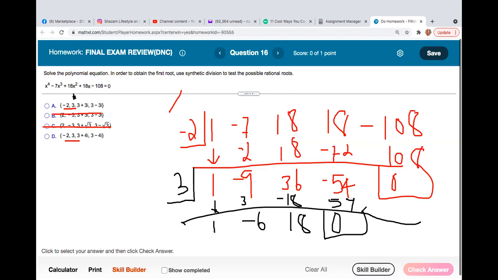So now we've taken this 4th degree polynomial and reduced it down to a 2nd degree polynomial. So now we're going to plug in the variables. X squared followed by x. So the 2nd degree polynomial we have is x squared minus 6x plus 18, set it equal to 0, and solve.